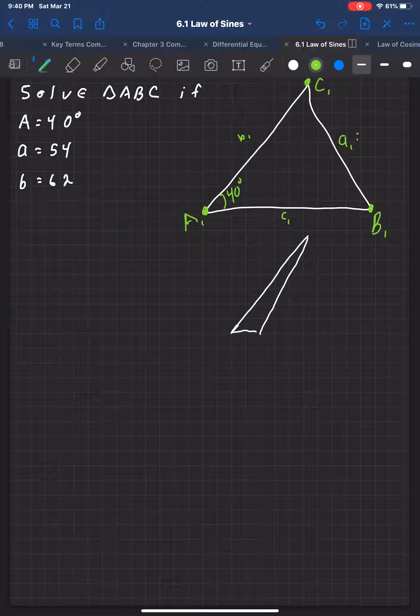So notice how the hardest case is when you have two triangles that you need to solve for. That's a lot of information that you have to be able to give your professor. So let's label this C sub 2. Let's label this A sub 2, B sub 2.